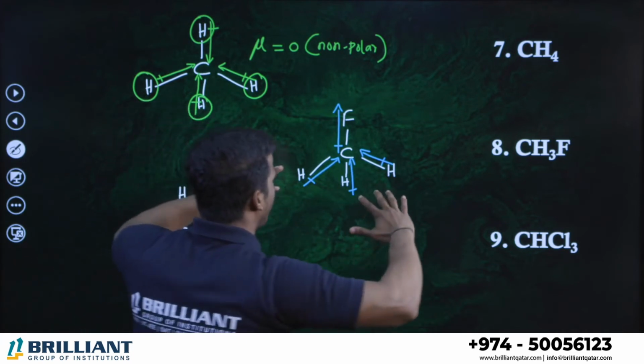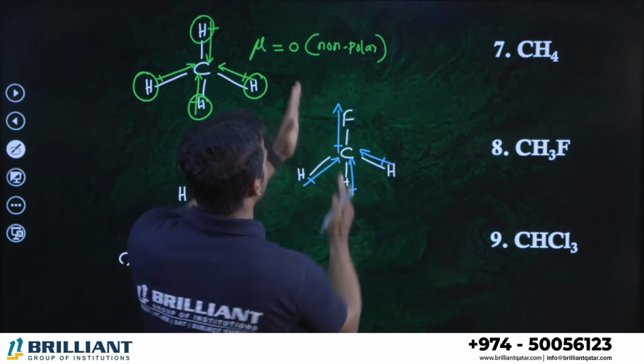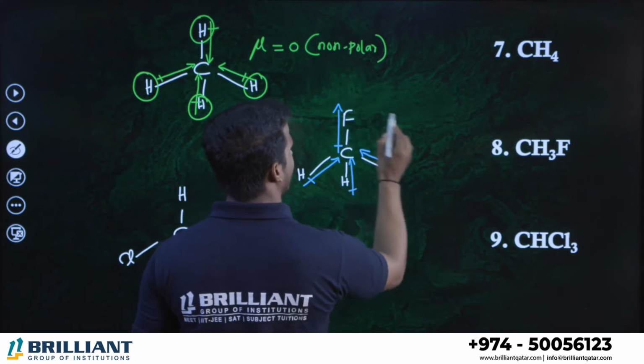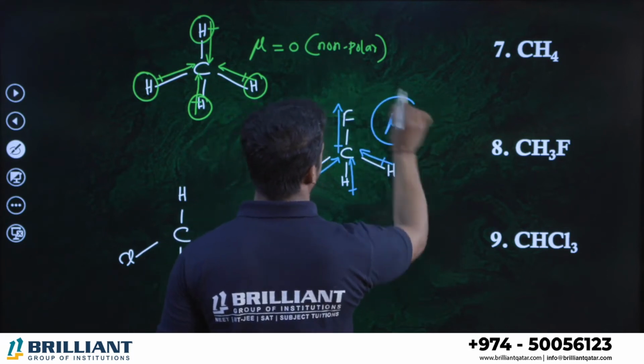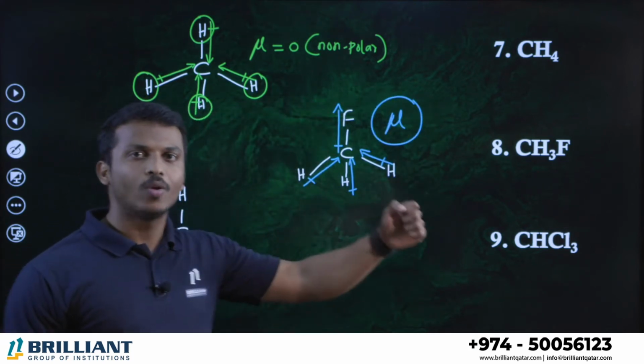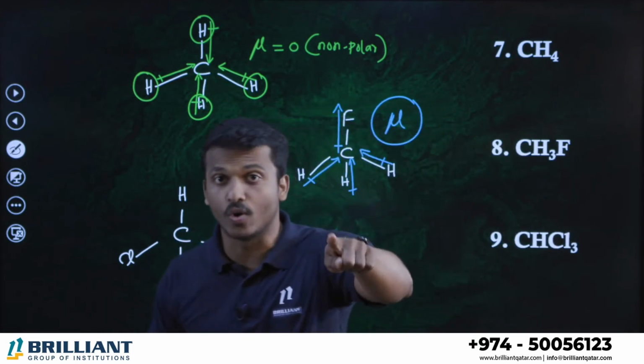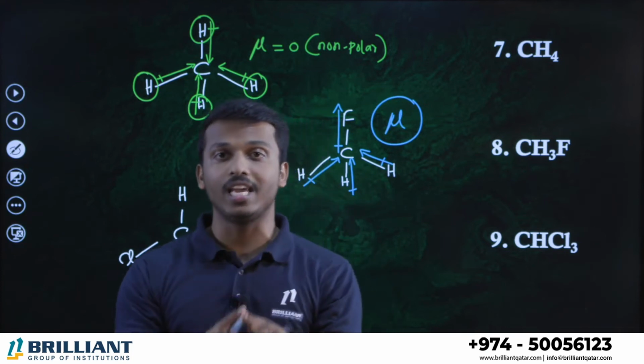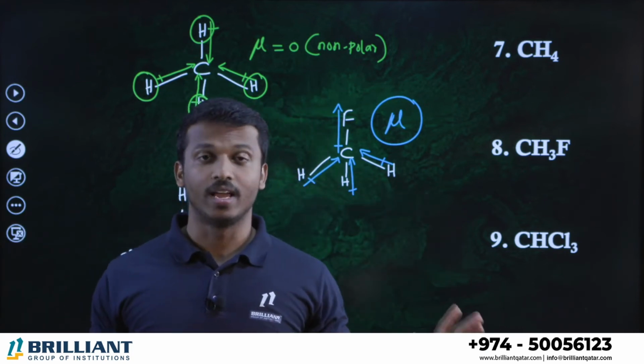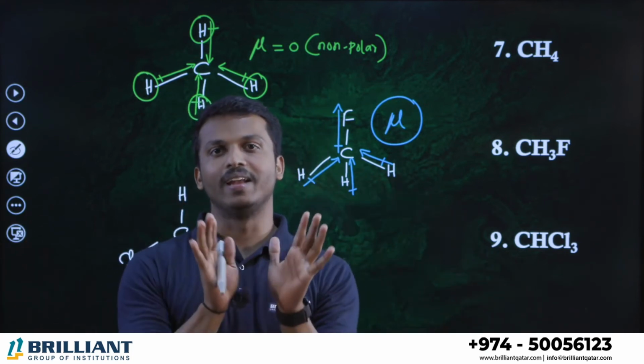This is the resultant, so it has a resultant, which means it has a dipole moment. So don't think tetrahedral geometry always means dipole moment is 0. It will be 0 when all the surrounding species are equal, then they cancel each other. If they are not the same, it has a net dipole moment.